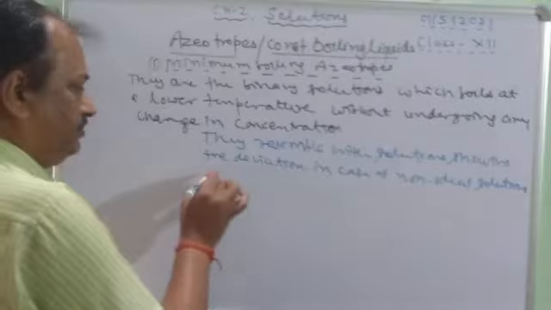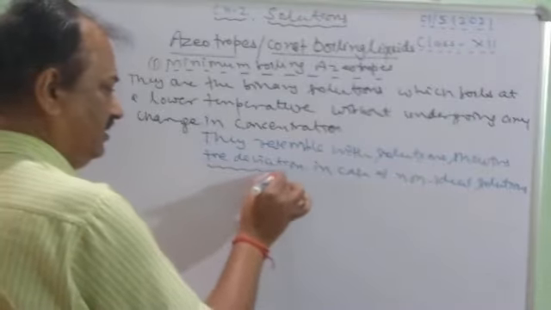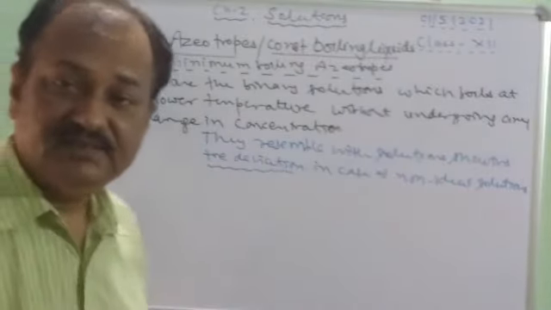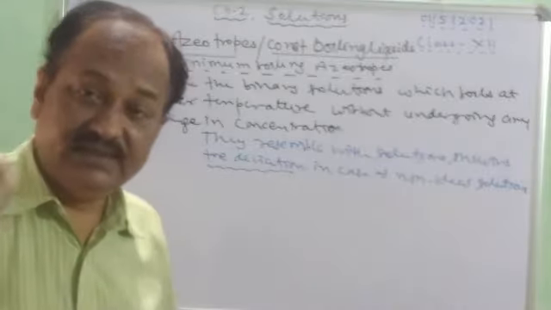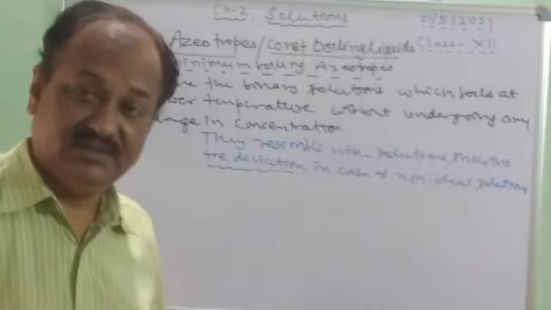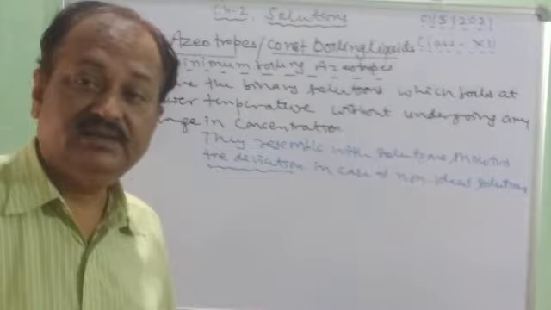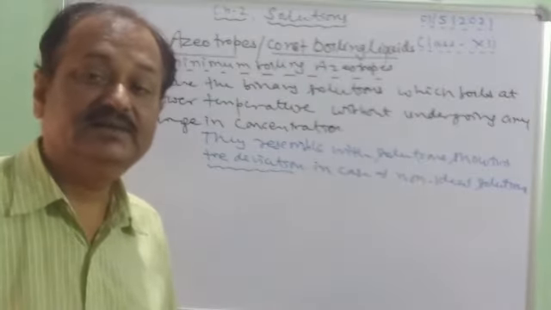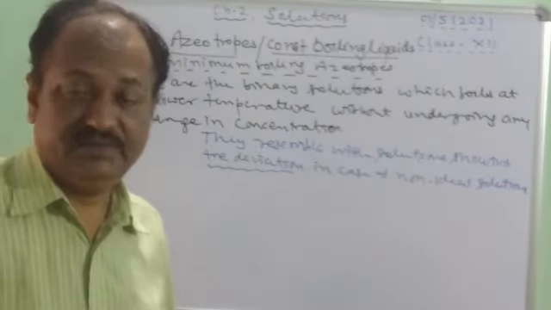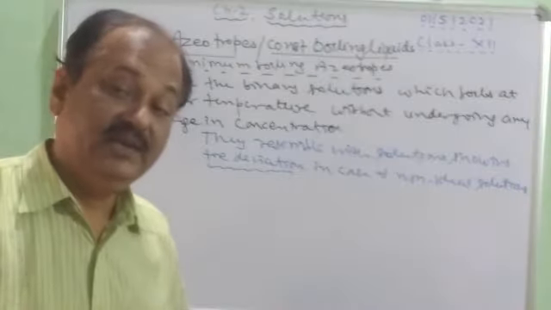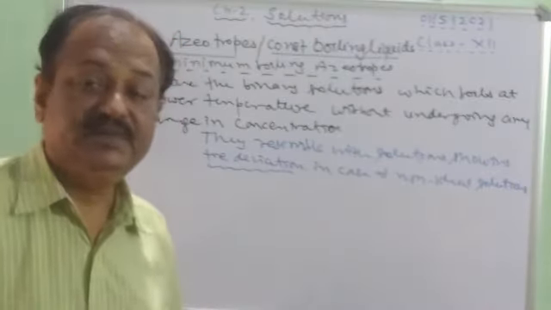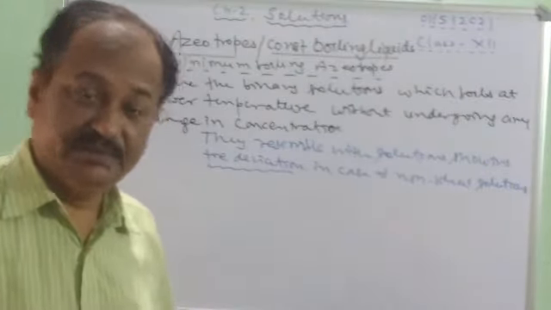As you know, positive deviation means the vaporization takes place easily, or vapor pressure is exhibited at low temperature. That's why there is the experience of vapor pressure at low temperature.